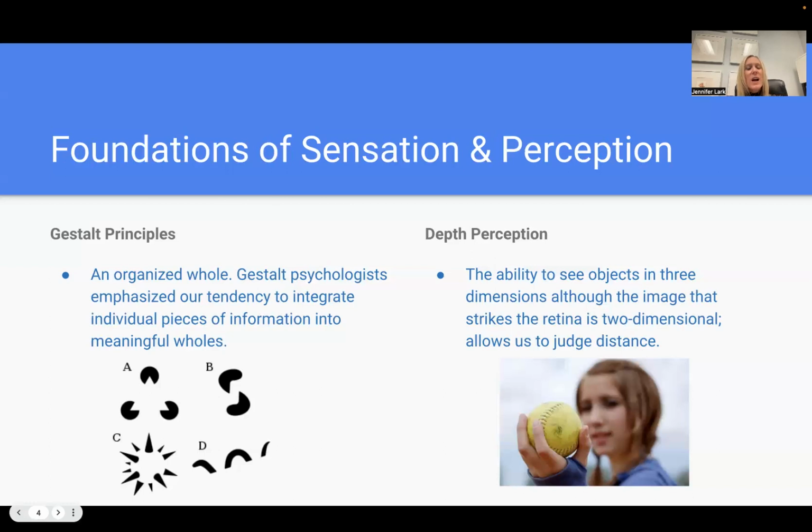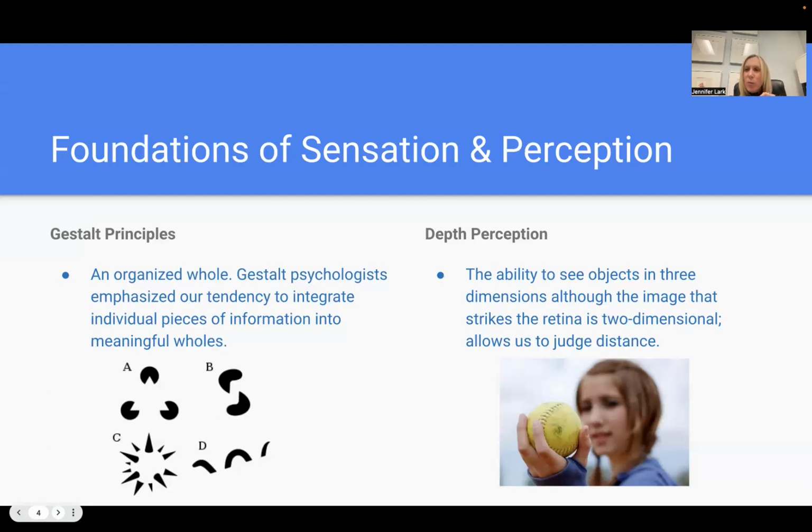For instance, if you look at the picture underneath Gestalt principles there, at item C, to me, that looks like a spike ball. I'm not sure what it looks like to you, but because that looks like a spike ball to me, that's an example of my brain taking the individual cylindrical shapes and the absence of space in that white space.